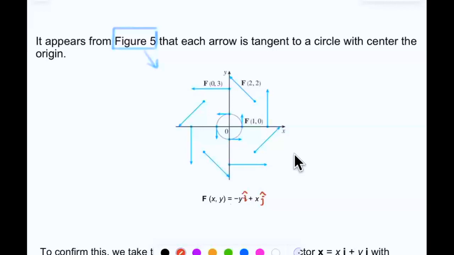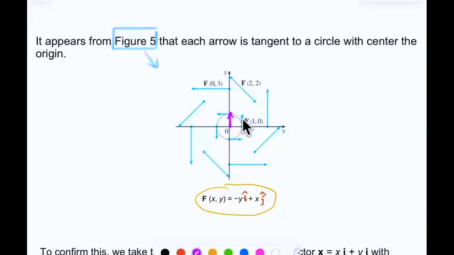So here is the vector field over here. This is the vector field. And then for the circle over here, at this point, we want to see that the field is tangent to the circle. Now think about the position vector of this point, which is this one, right?